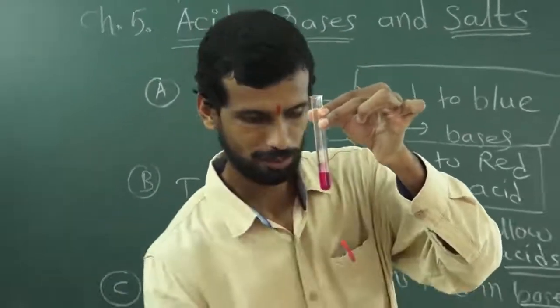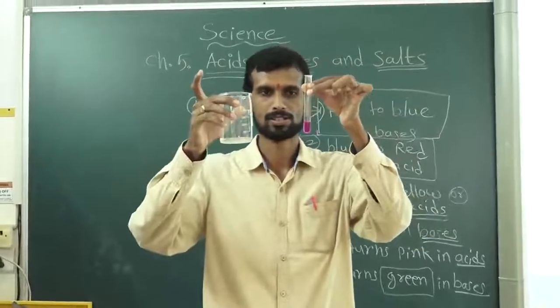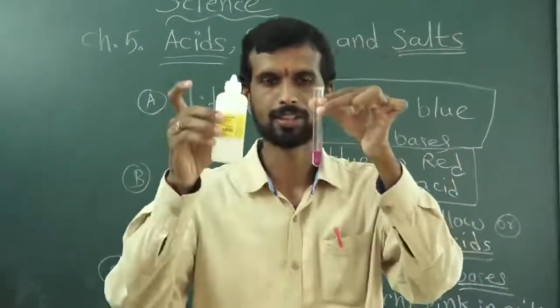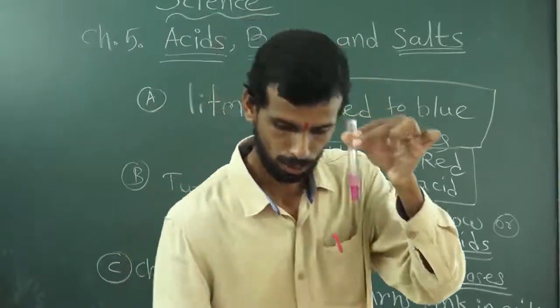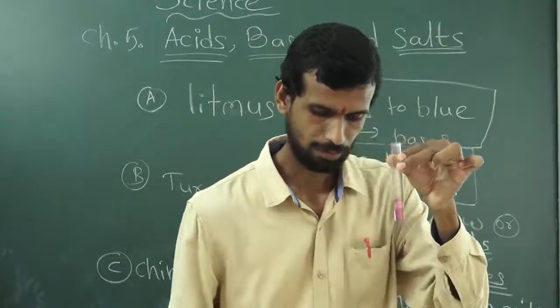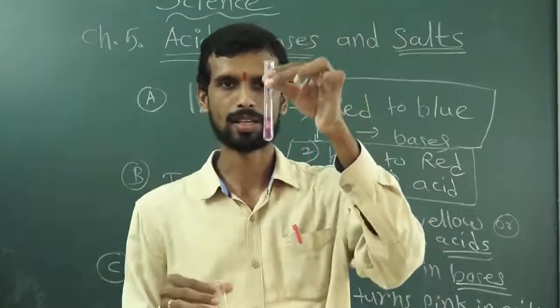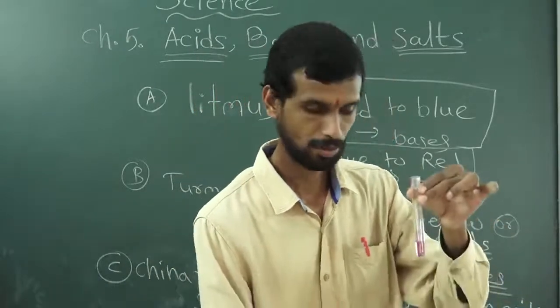So with phenolphthalein, what have I used? I have used a base. In base, I have added phenolphthalein indicator. It turns into pink. Okay. So this is one artificial indicator I have used. What happens with the acid? There is no change, but for base, phenolphthalein is turning into pink. Okay.